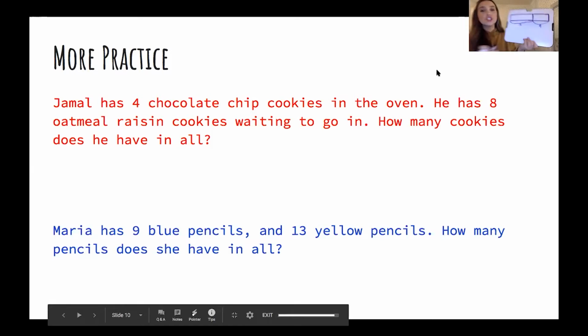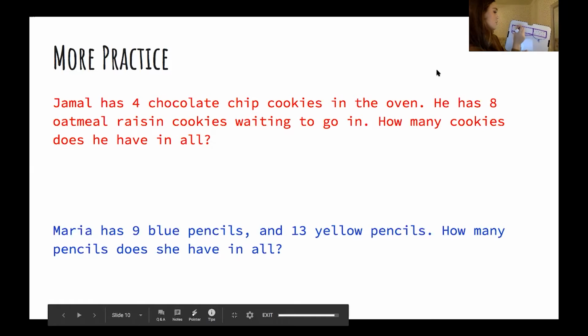All right. So now that we have those in there and labeled, let's go ahead and do our little dots to represent our pencils. 1, 2, 3, 4, 5, 6, 7, 8, 9. Awesome job, guys. So we have 9 dots in there to represent our pencils. Let's move on to 13.